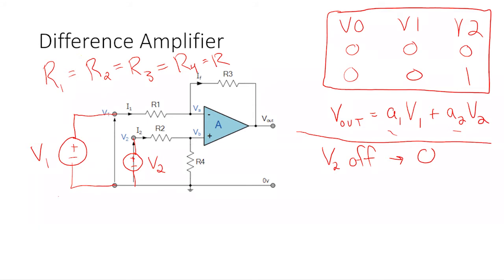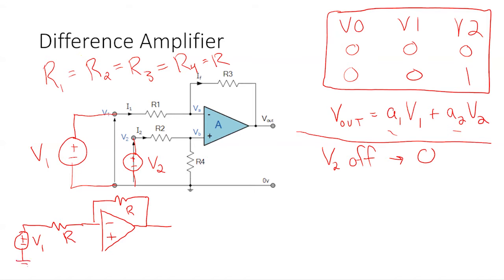So V1 and V2, we're going to turn V2 off. So the circuit is going to be, here's V1. Here's R. I'm calling them R because I said they're all the same value. Here's R. Now, this is my ground.